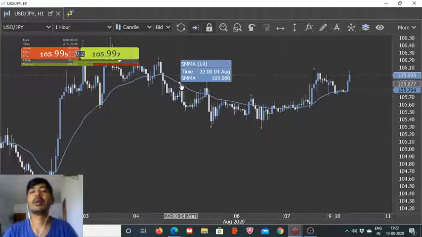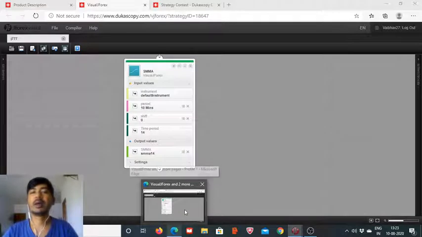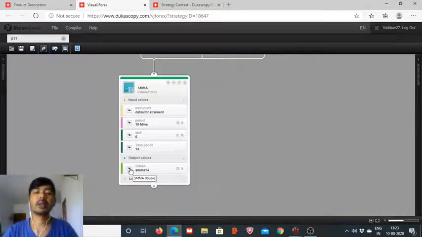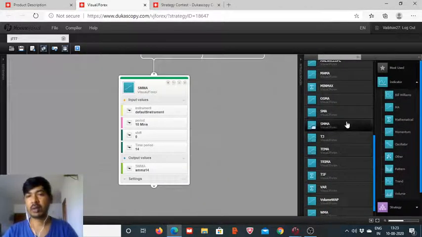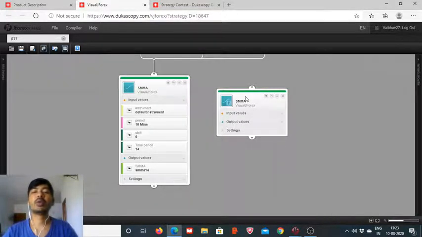For that, all we need to do is take a couple of SMMA indicator blocks on this board, and then compare the output values here. As you can see, the output value for this particular indicator block is SMMA 14.